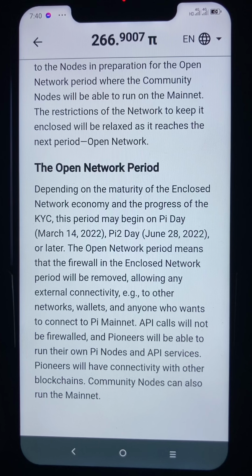It may be on Pi 2 Day, which is June 28, or baka later pa. So, whatever we do from this time na mag-start ang enclosed mainnet until the first few months will determine the open network period date.